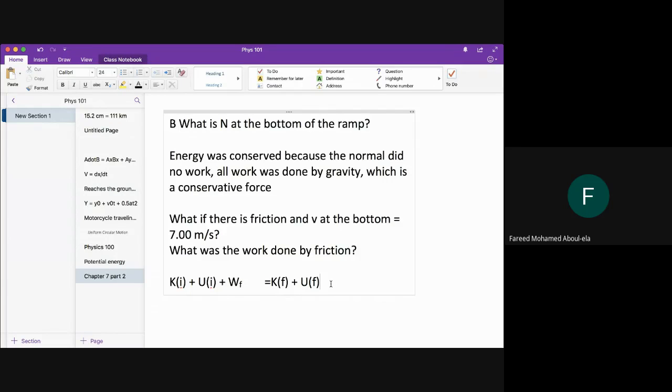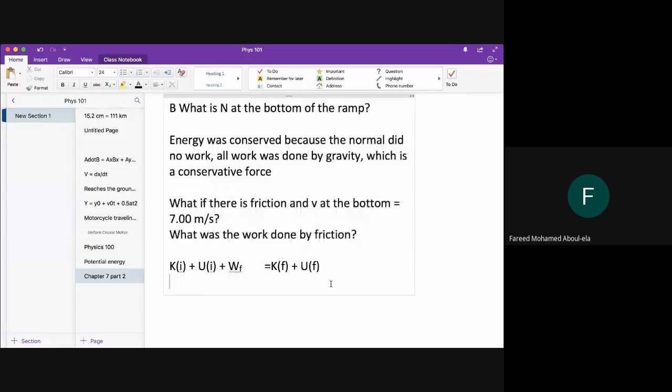Okay, so now what we need to solve for is this W_F. So W_F should be equal to the final kinetic energy minus the initial kinetic energy, or the change in kinetic energy, plus the final potential energy minus the initial potential energy, or the change in potential energy.